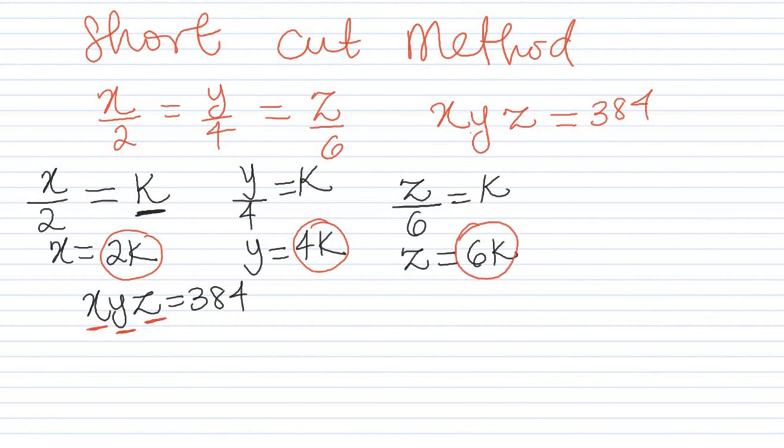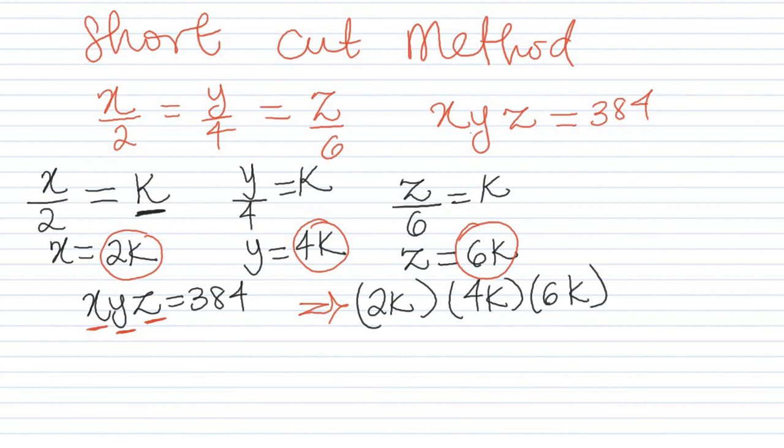So xyz becomes 2k multiplied by 4k multiplied by 6k, and all of that equals 384. So you have 2 times 4 is 8, 8 times 6 is 48. So you have 48k cubed equals 384.